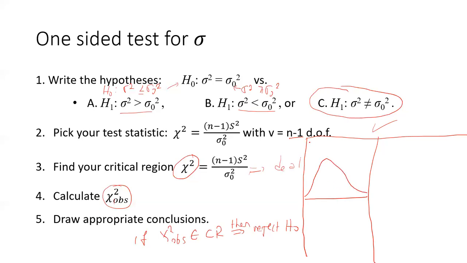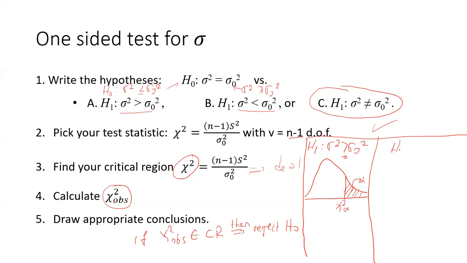For the case where you have H1: sigma square is greater than sigma 0 square, since this is a greater than, you have the right-hand side. So this is your alpha, and this is chi-square alpha.